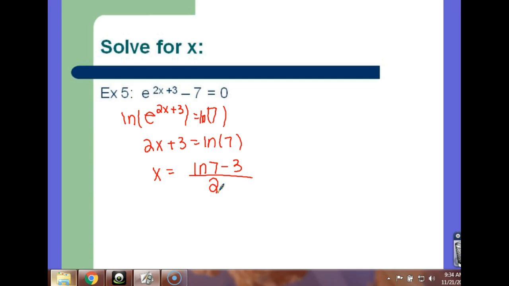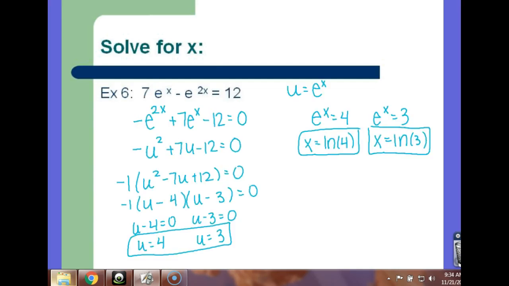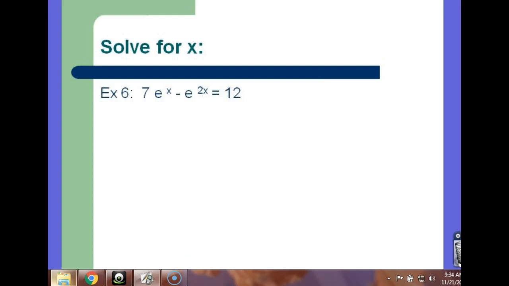Okay, and last but not least, this idea here is actually going to be an algebraic process as well. So we have 7e to the x minus e squared, in a way, to the x equals 12.